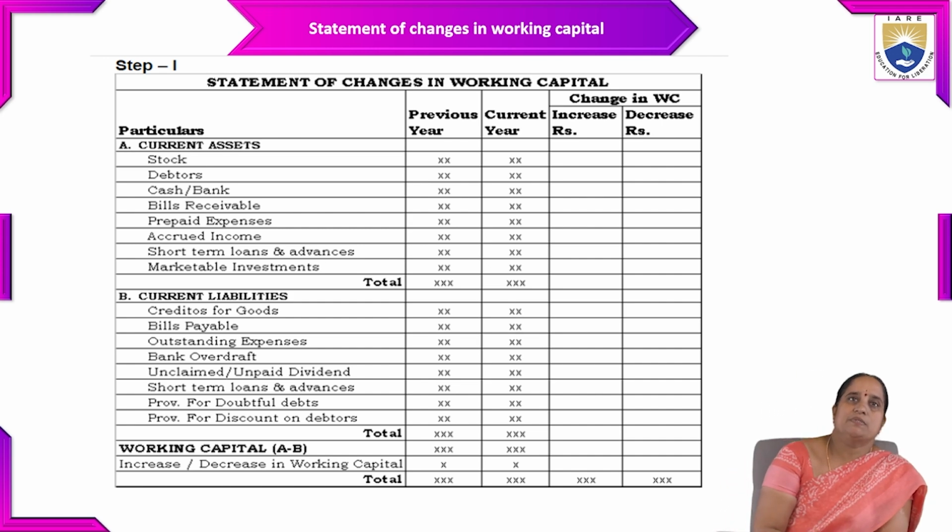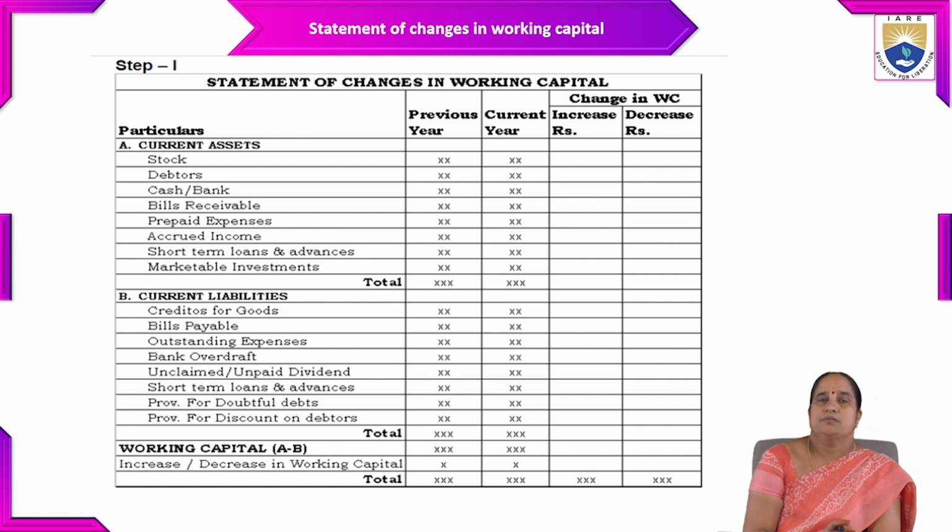So what items come under current assets? Here: stock, debtors, cash in hand, cash at bank, bills receivable, prepaid expenses, accrued income, short-term loans and advances, marketable investments. These all come under current assets. And next, current liabilities.